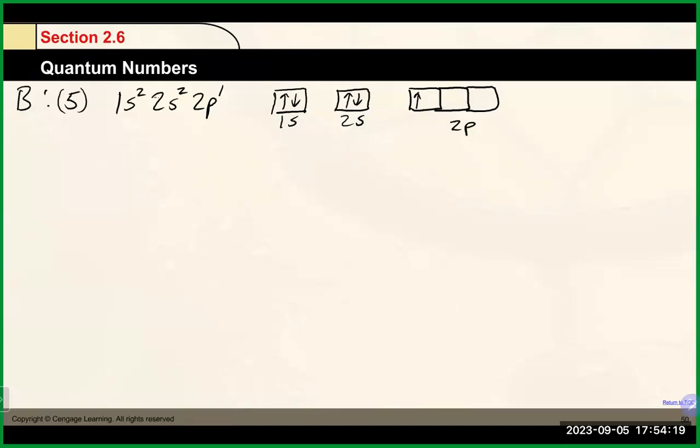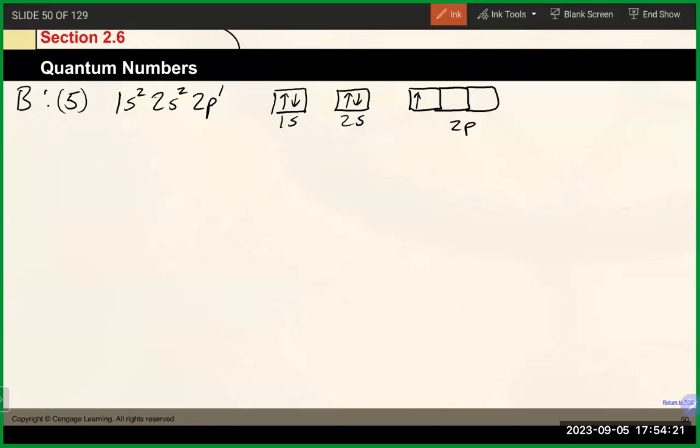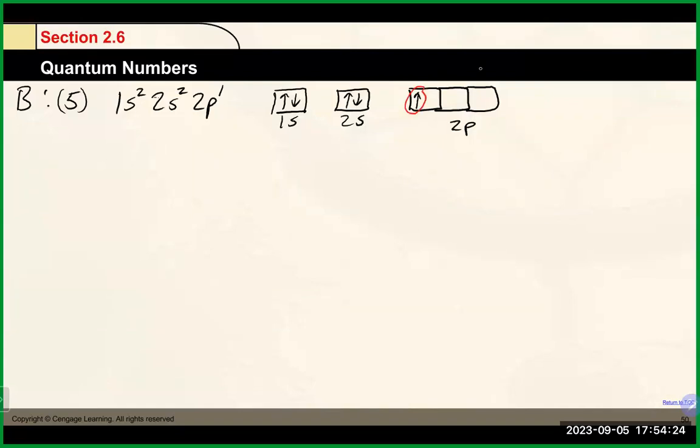Now, when we look at the quantum numbers here for this electron, our n value will equal 2. We can have an L value of 0 and 1, and in this particular case, the L value should be 1, as that electron is sitting in the p orbital subshell. So L will equal 1. Now, because L equals 1, M sub L could go from -1 to 0 to +1, and the way this works is pretty much like your boxes.